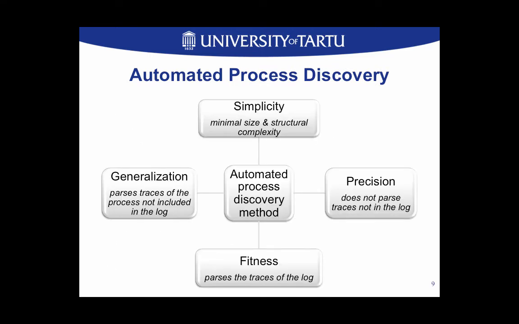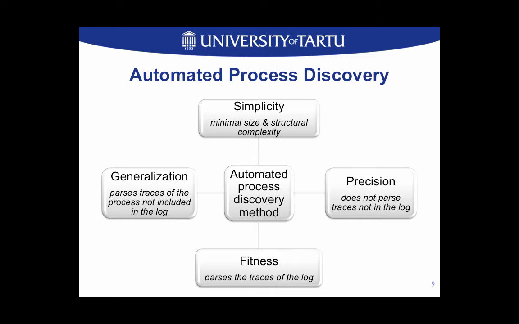Because when you have a log and you discover a model, you are looking for several things in the model. You want the model that you discover to be as simple as possible. Simple means fewer nodes, but also less complex structure. So if you think about cyclomatic complexity or related notions, you want that to be minimized.